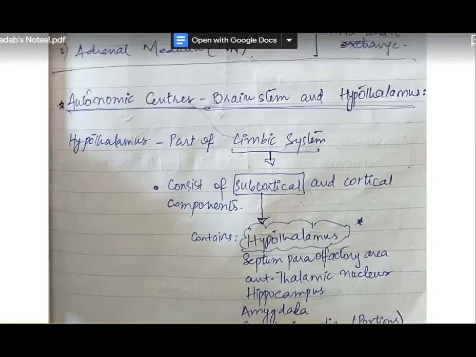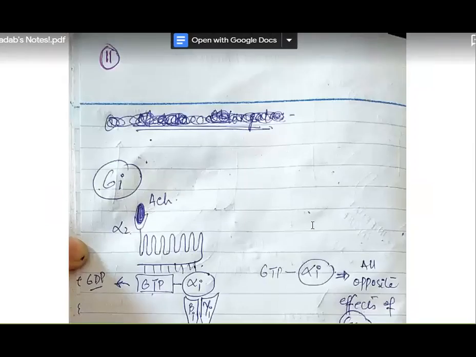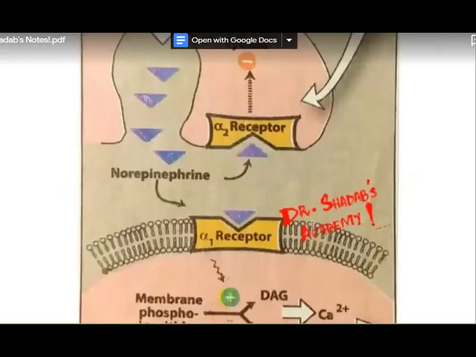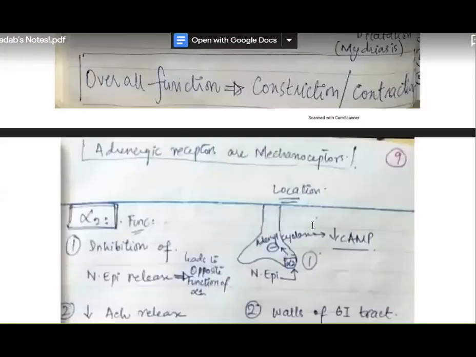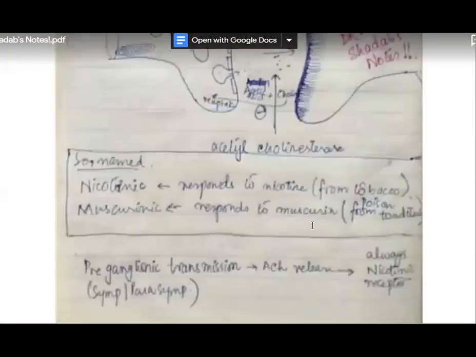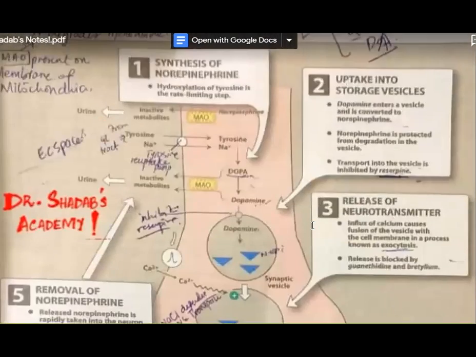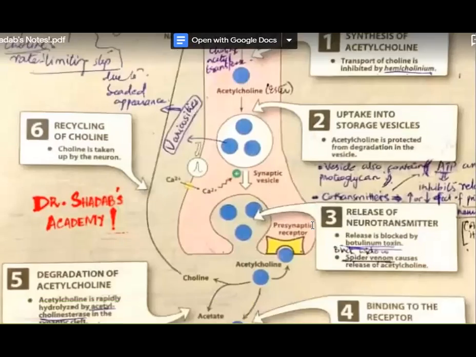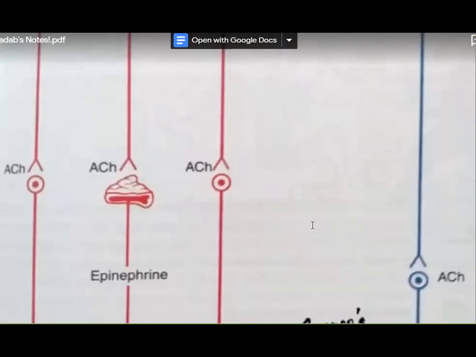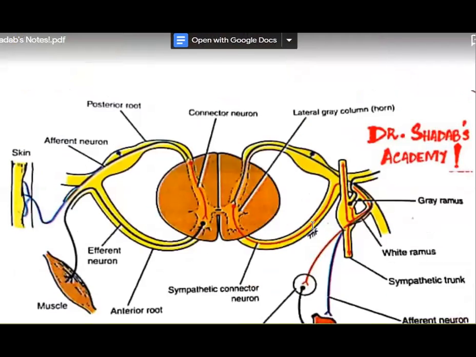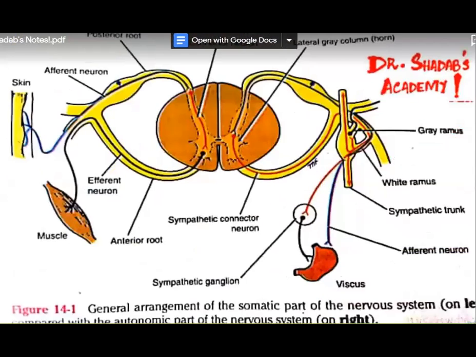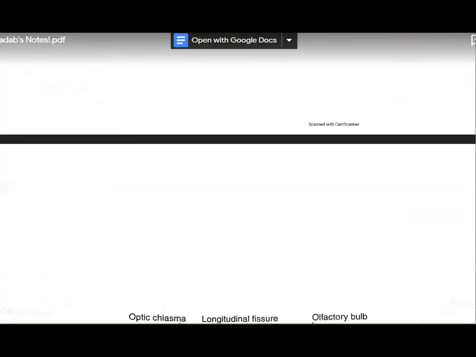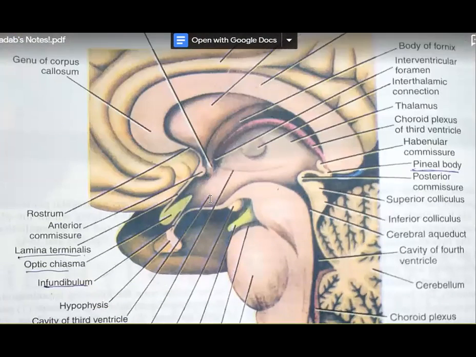If somebody does not know what a hypothalamus is and where it is situated or located, I have this picture, I think, wait a second, yes, it is here. You see this?